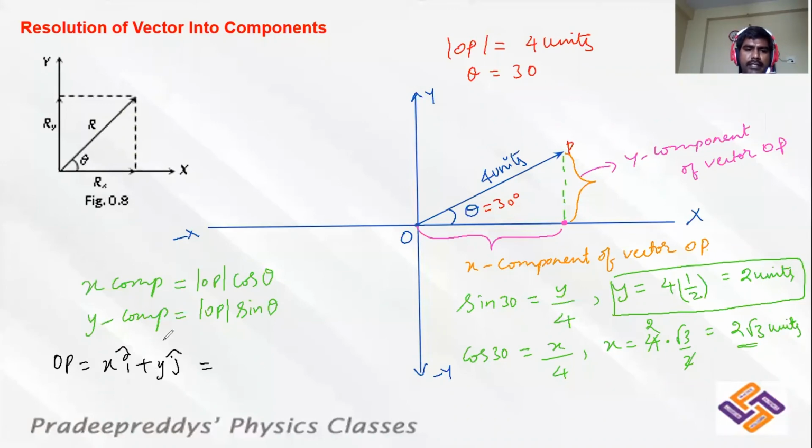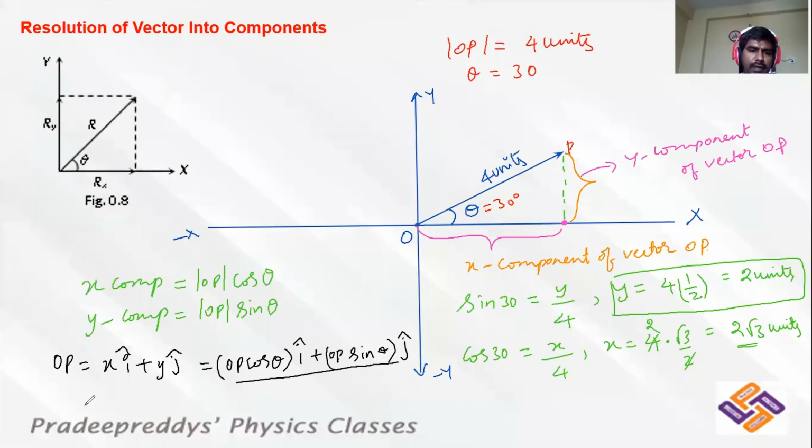X is equal to OP cos theta into I cap plus OP sin theta into j cap. So OP vector is now obtained, that is OP cos theta I cap plus OP sin theta j cap. But what are the values of OP cos theta and OP sin theta?